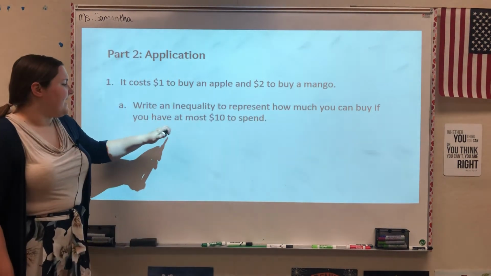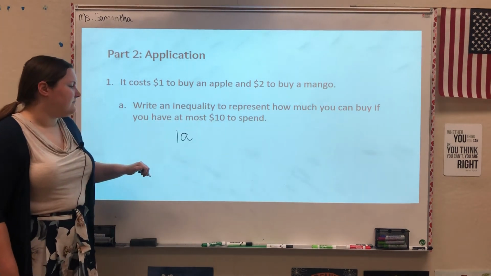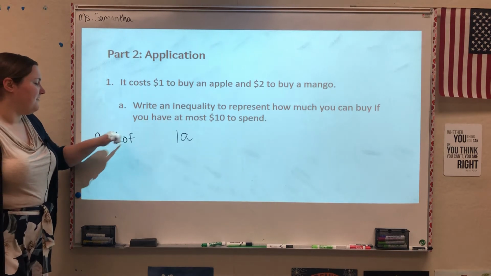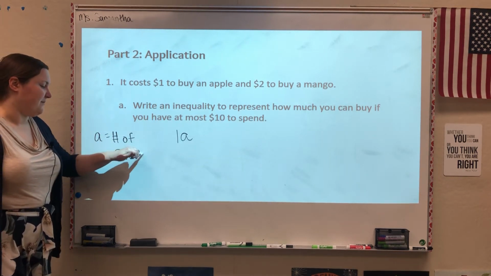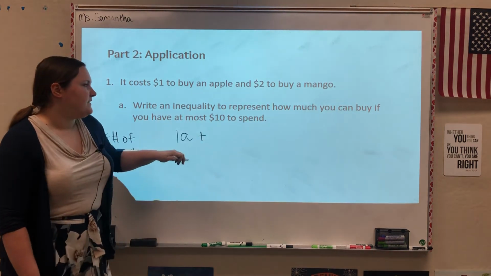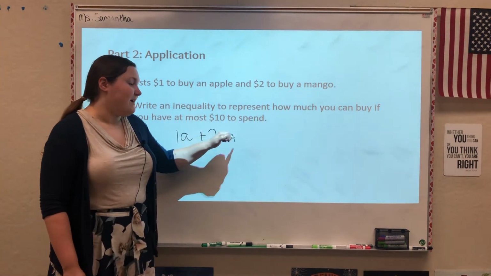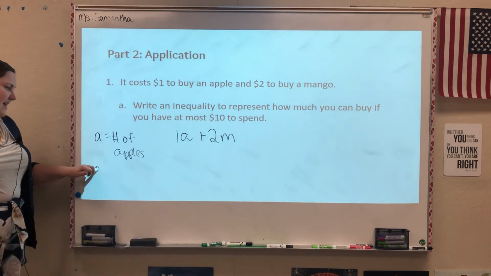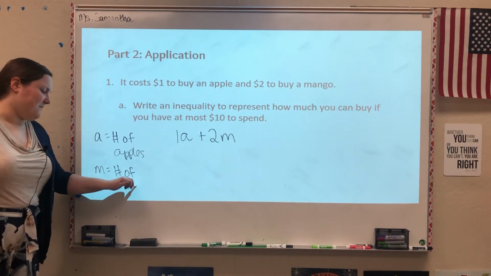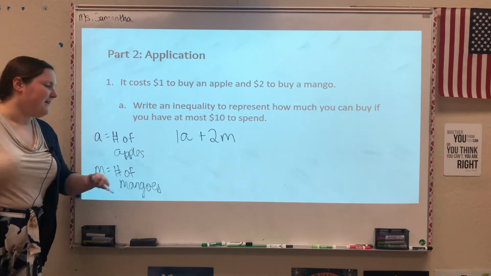I could say maybe 1A, where A represents the number of apples I buy. So I'm paying $1 times how many apples I buy. And I'm also paying $2 for each mango. So I could say M is the number of mangoes I buy.